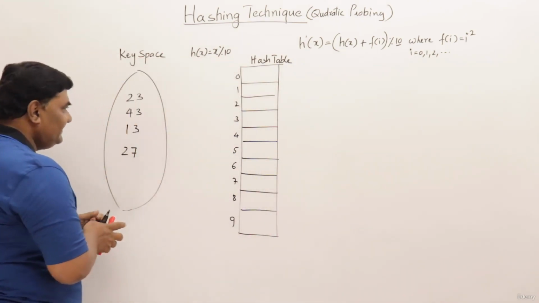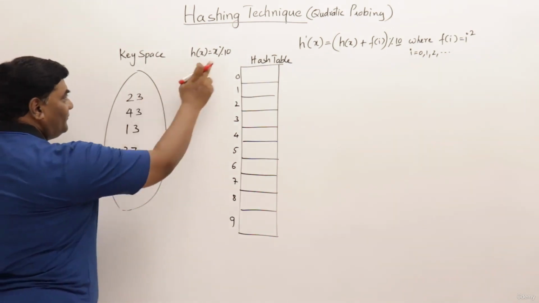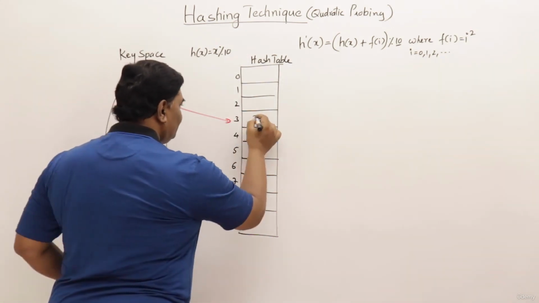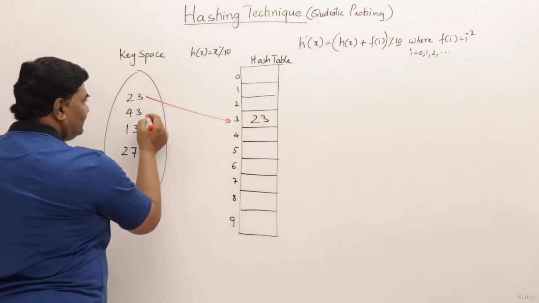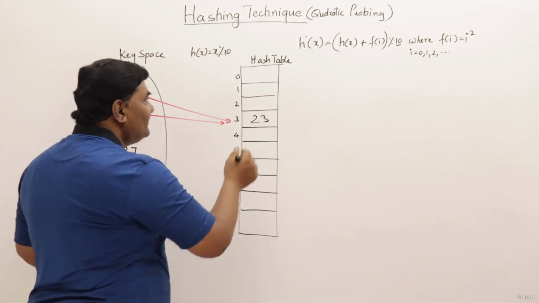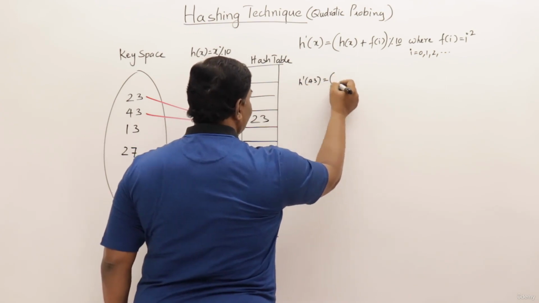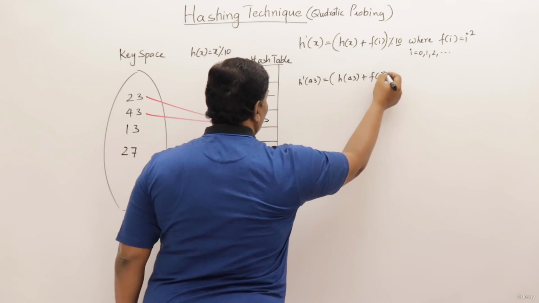See, I have keys here. 23 mod 10 is 3. So 23 is stored here only. Then 43 mod 10 is also mapped here. So there is a collision. So for 43, I will calculate h of 43, which is h of 43 plus f of 0.